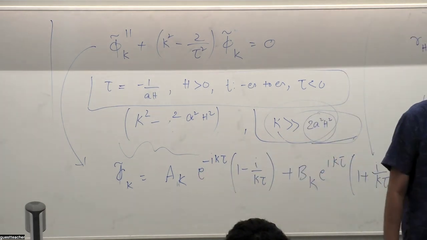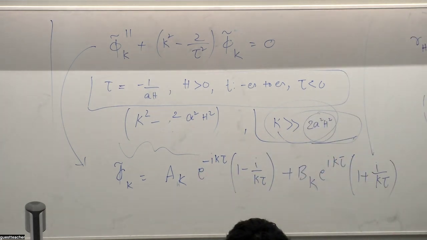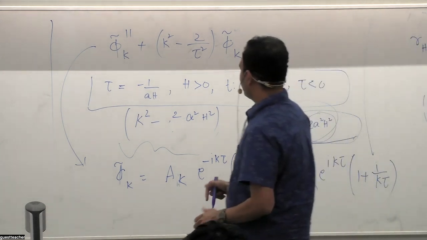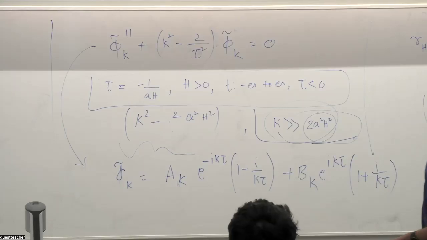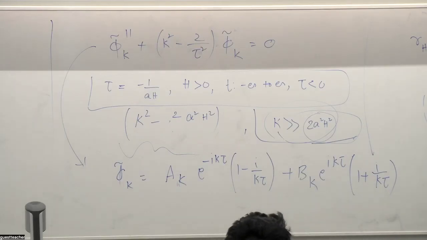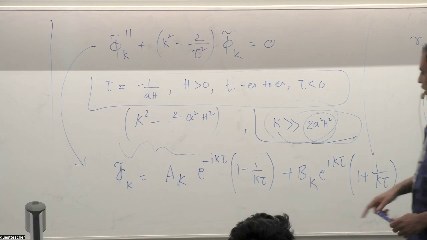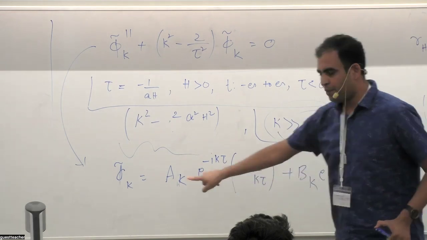You don't know how to fix them in principle. They are free constants. But remember, these solutions determine which vacuum you choose. How do you choose A and B?